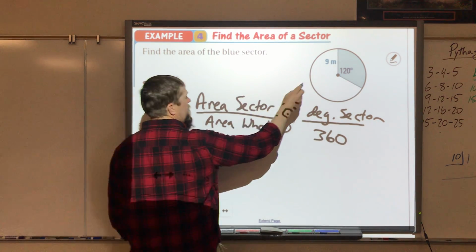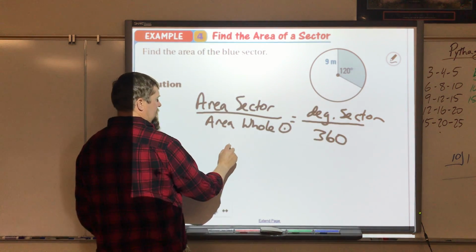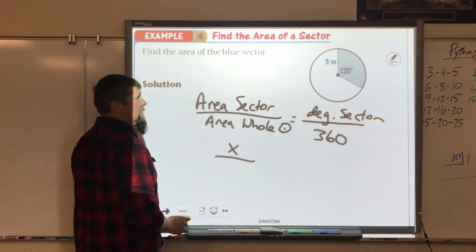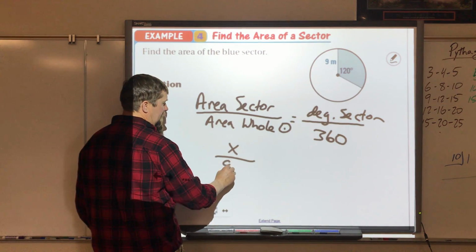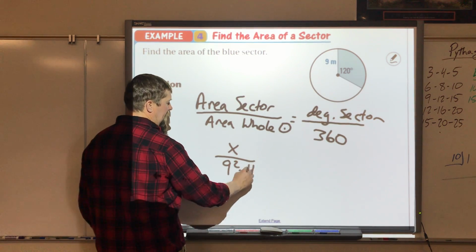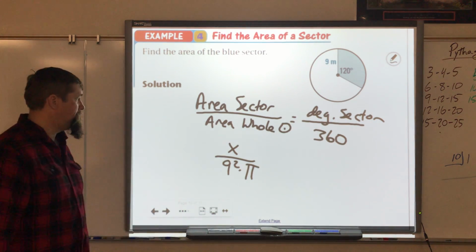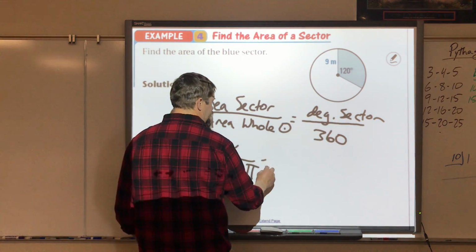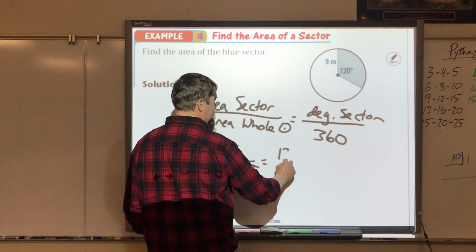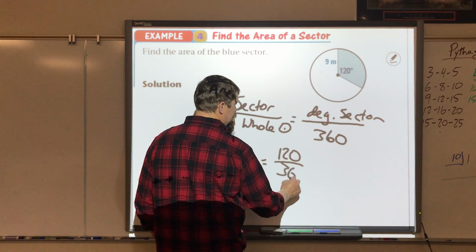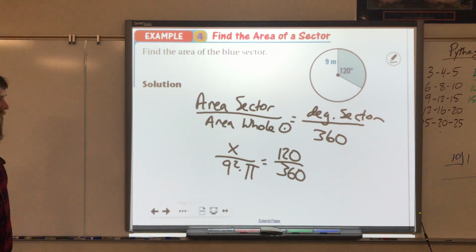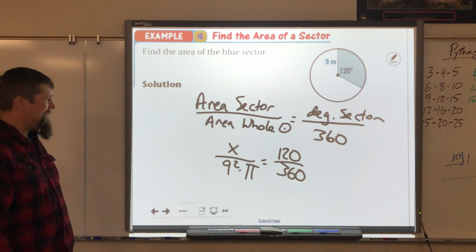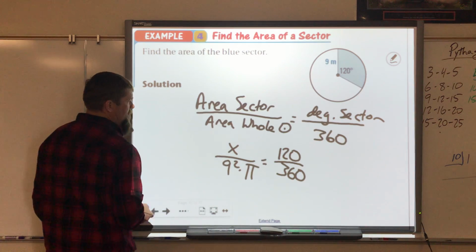So if I'm looking for the area of this, I don't know what that is, but I do know the area of the whole circle is 9 squared times pi, or pi r squared. The degree of the sector is 120 out of 360. So we should be able to solve that proportion and get the area of the sector.